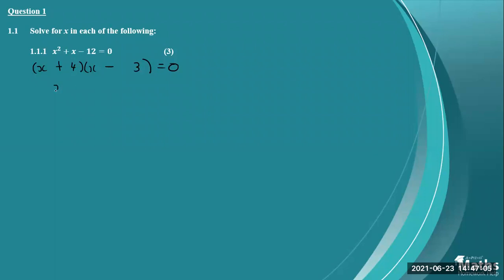So from here we can say x plus 4 is equal to 0, or x minus 3 is equal to 0, so x is equal to negative 4, or x is equal to positive 3. Please jump this step. You don't have to write that out. All right, next one.